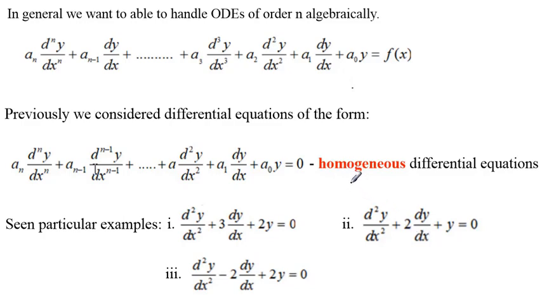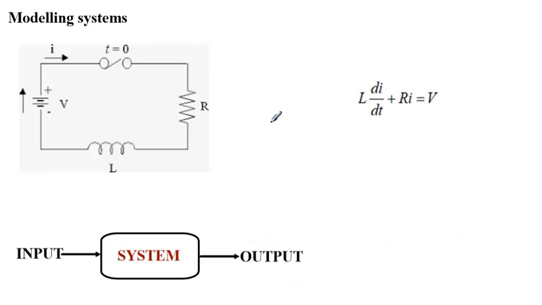Now let's talk a little bit about homogeneous equations in relation to what differential equations model, which are systems. Talking about modeling systems, let's take the example of an RL circuit, which is the following. We saw that the differential equation modeling this system is L di/dt plus Ri equals V, which is the voltage source here.